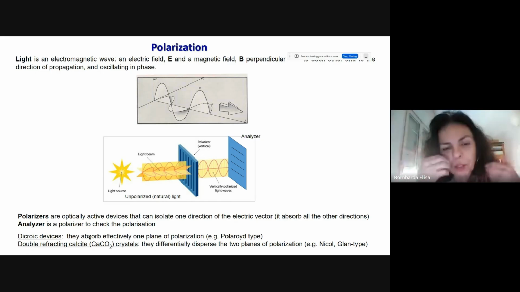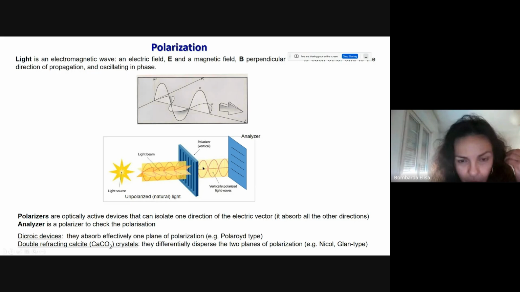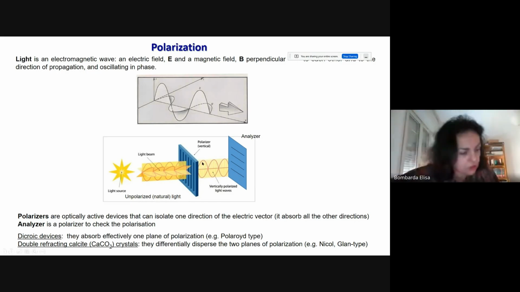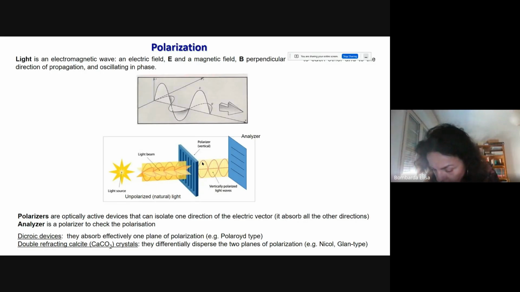So then we select practically only one plane of polarization. I just note that I have to correct, transmit. Yeah.